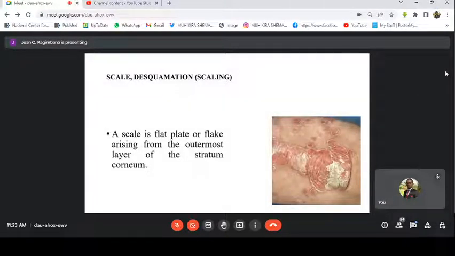Now, when this fluid dries, it gives desquamations. You may say scaling regions, desquamative regions, when you describe your regions. These are scales resulting from the primary regions. Okay?